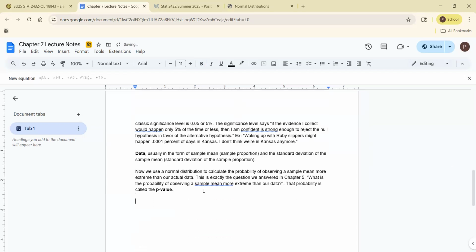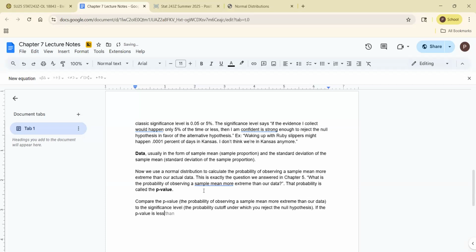Now we get to make our decision. Compare the p-value, i.e. the probability of observing a sample mean more extreme than our data, to the significance level, i.e. the probability cutoff under which you would reject the null hypothesis.